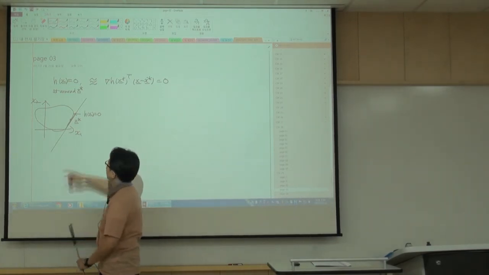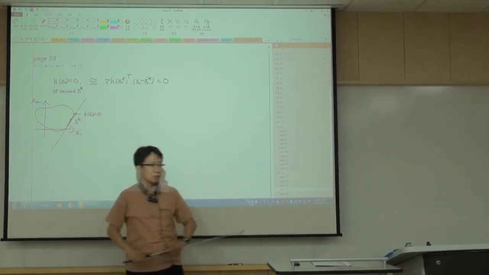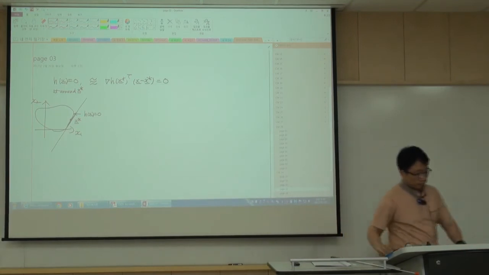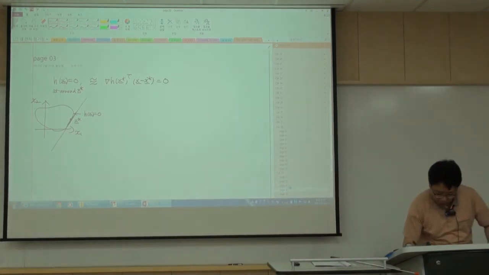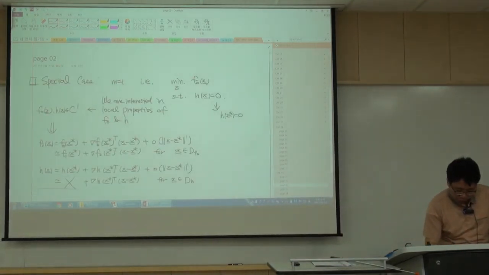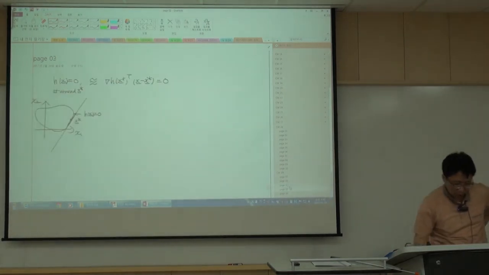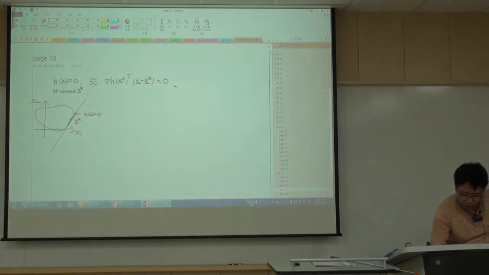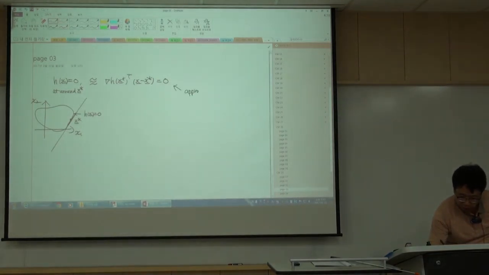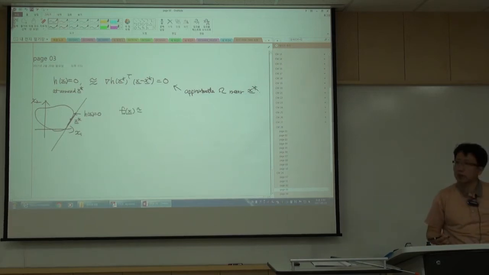And then we want to analyze what happens. So we need to examine that one. Okay? So this is the approximate omega near x star. And what is the objective function near x star?